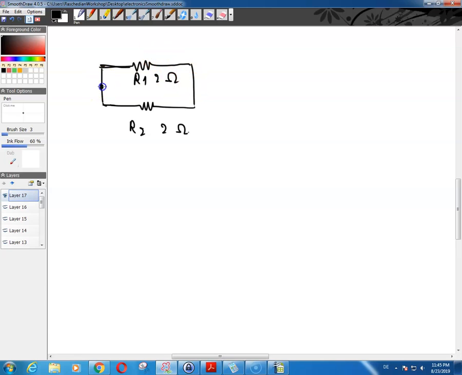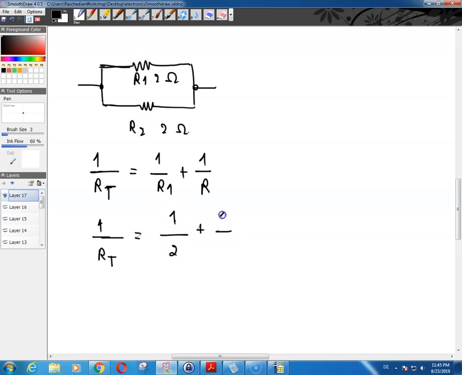Now the equivalent parallel resistance of these two resistors is going to be 1 over R of T is equal to 1 over R1 plus 1 over R2. This is the equation that you use in order to find the equivalent resistance of these two resistors. So 1 over R of T is equal to 1 over 2 plus 1 over 2, which is equal to 1 ohm basically.